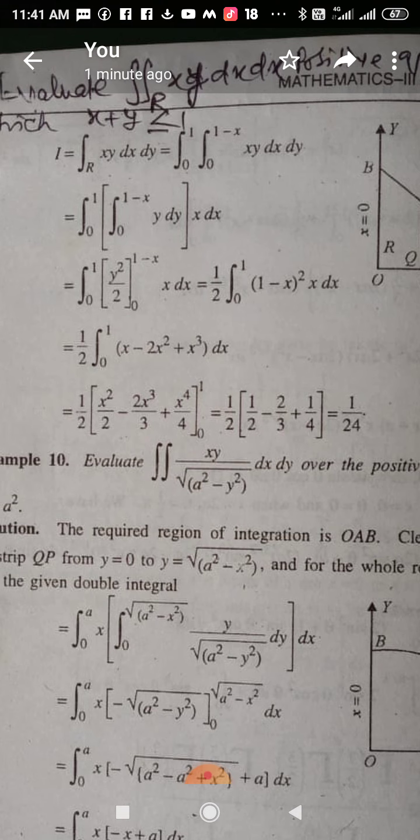After integrating, the value will be x square by 2 minus 2x cube upon 3 plus x to the power 4 upon 4, from 0 to 1. Putting the upper limit in place of x minus putting the limit 0 in place of x, this gives 1 by 2 times (1 by 2 minus 2 by 3 plus 1 by 4), and after adding and multiplying by 1 by 2 we get the final answer 1 upon 24.